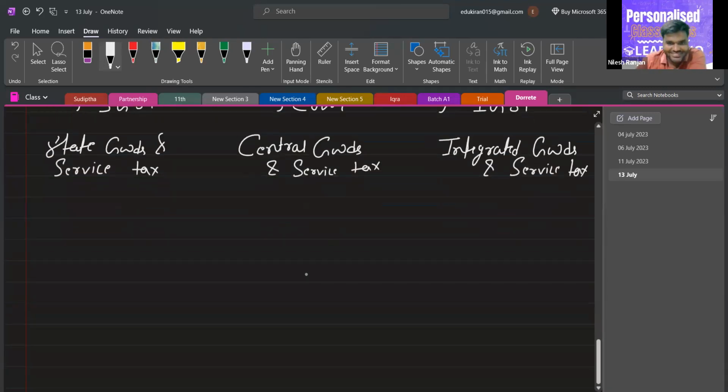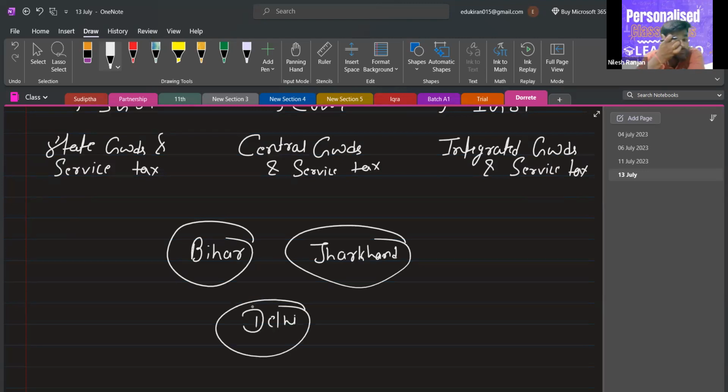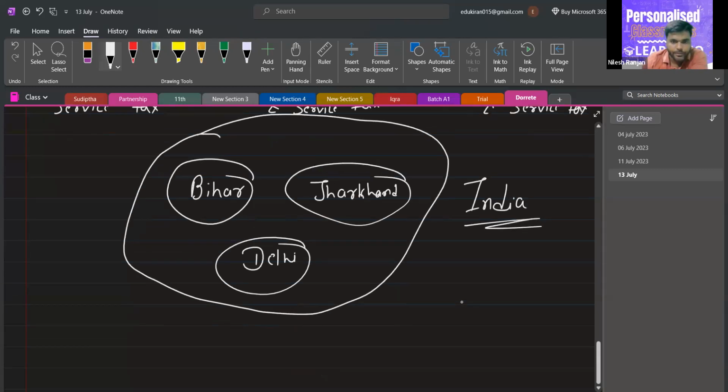Actually, I am from Bihar, so it is a state here. A nearby state is Jharkhand. And there is Delhi. And all these states are under the Indian government.